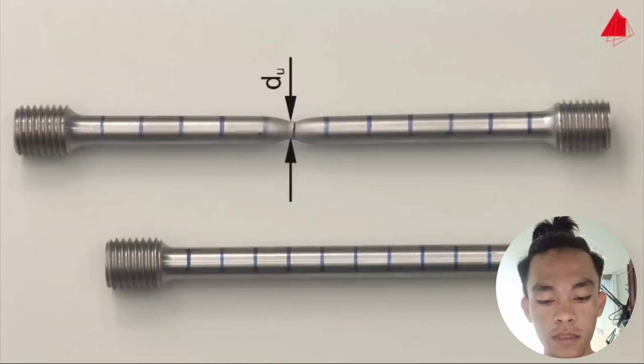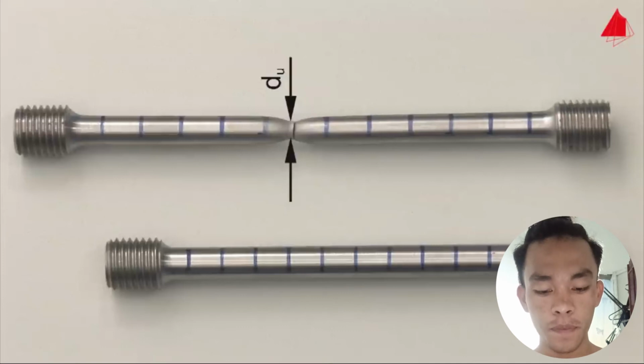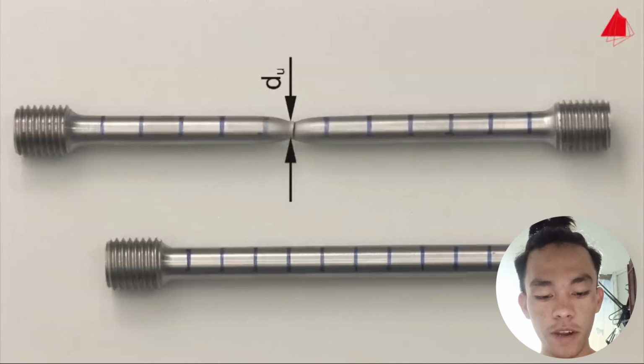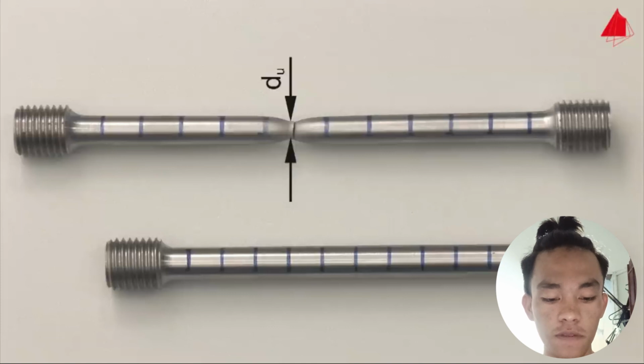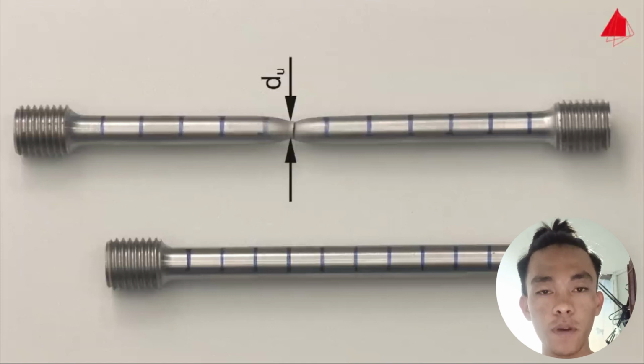Please note that the elongation after fracture depends on the length-to-diameter ratio. By measuring the smallest diameter at the point of fracture, the percentage reduction of area can be calculated. It describes the reduction of cross-sectional area at the point of fracture in relation to the original cross-sectional area.